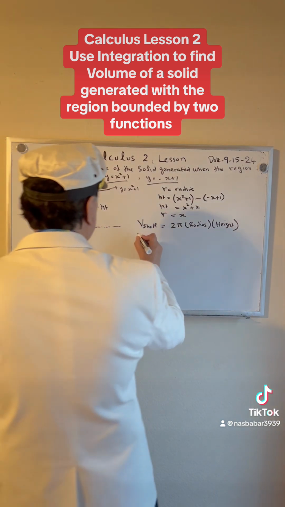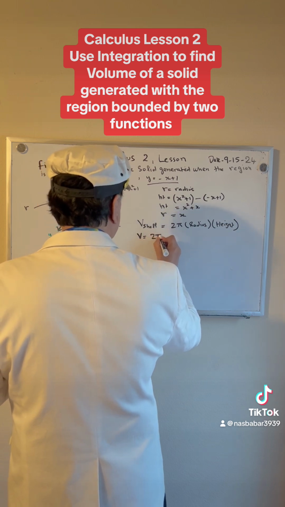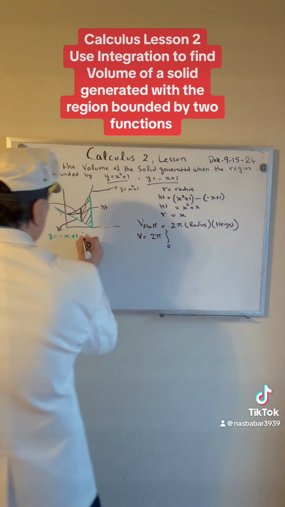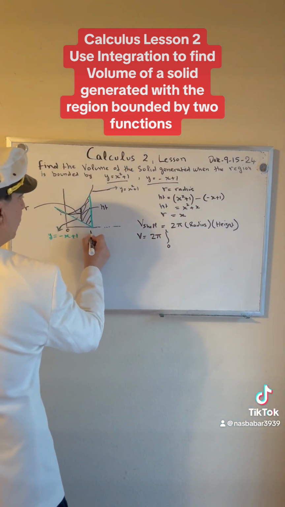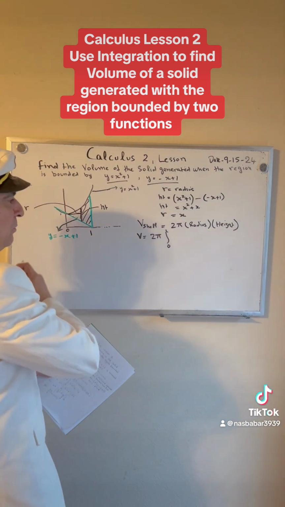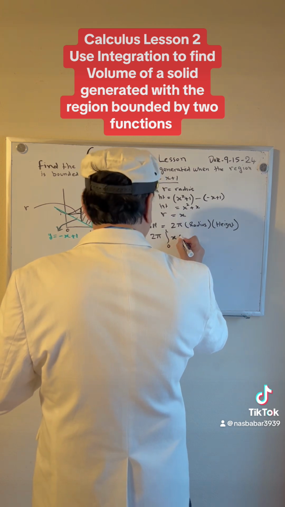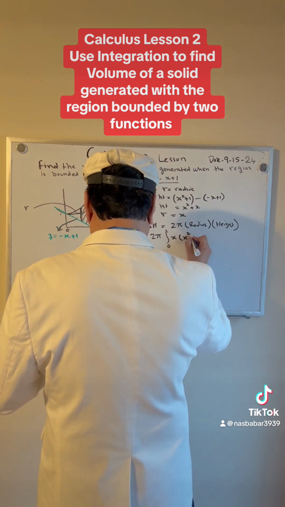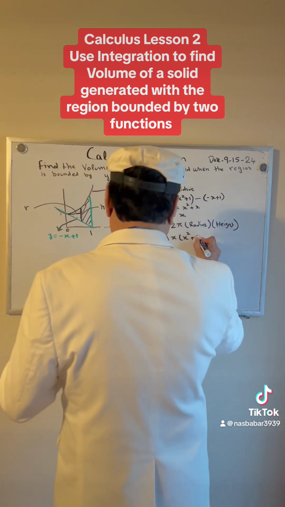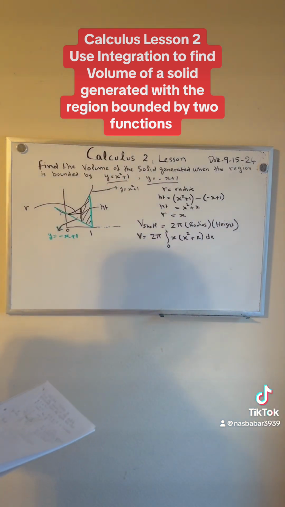So then V is equal to 2 pi, and you integrate from 0 to 1 because that's what they want. This is 0, this is 1. Since 2 pi is a constant, we can take it out of the integral, and then we say x times x squared plus x, we just found that out, times dx. Okay, so far so good.